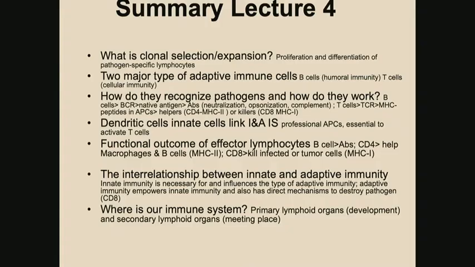TLRs, RIG-like receptors, all the pathogen recognition receptors, in combination, and we still don't know exactly that language, in combination, CLRs as well, will activate a certain transcriptional program in the dendritic cells that now, while they travel, these genes are being transcribed and proteins are synthesized.